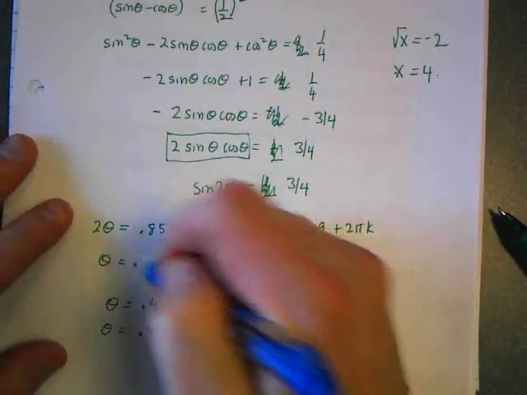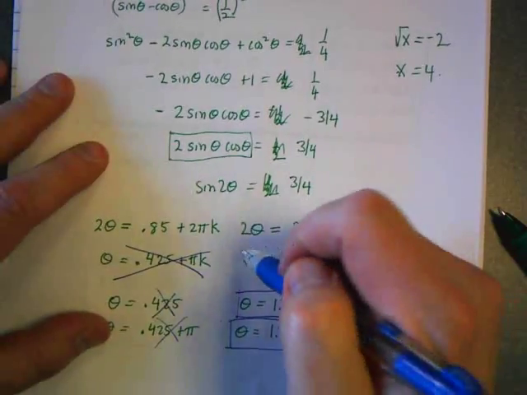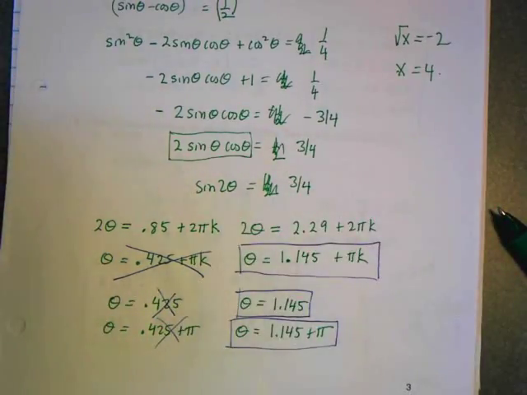So what happens is this is actually completely wrong. That is not a solution. 0.425 plus pi k is not going to work. So those are kind of a pain in the neck, but that's something you need to watch out for. If you square both sides, you're going to get multiple answers, and quite often some of those answers are not going to work. You've got to plug them in and check them to make sure.